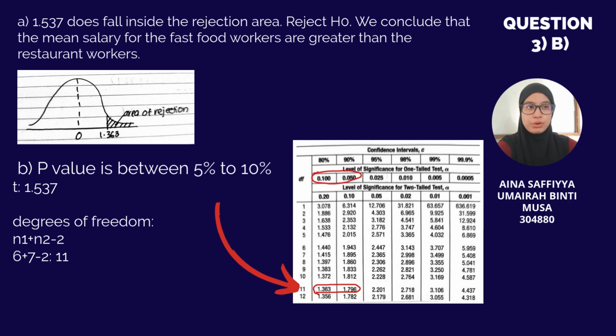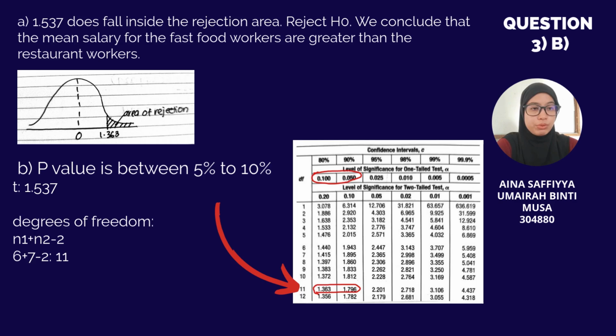Reject H0, we conclude that the mean salary for the fast food workers is greater than restaurant workers. And the p-value is between 5% to 10%. This is a one-tail test. T-value is 1.537. Degrees of freedom is 11. So we need to look at degrees of freedom 11.